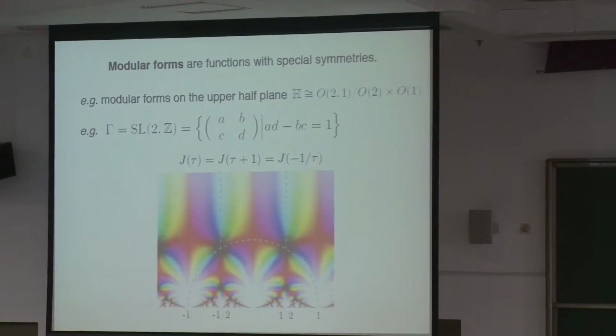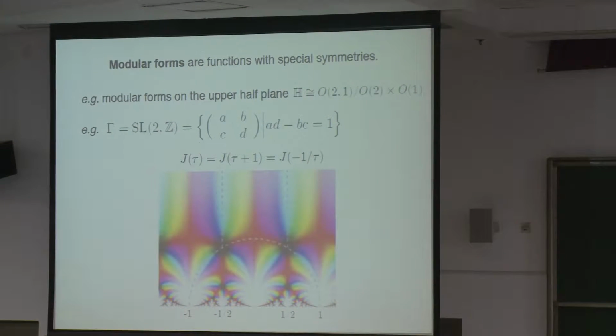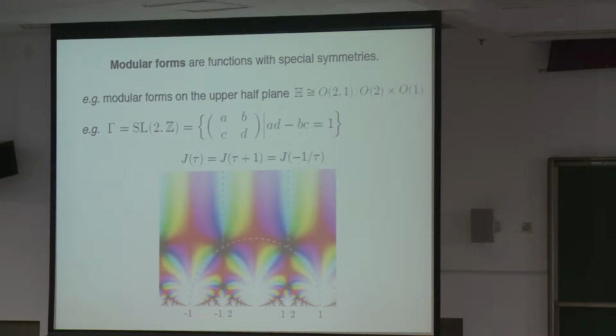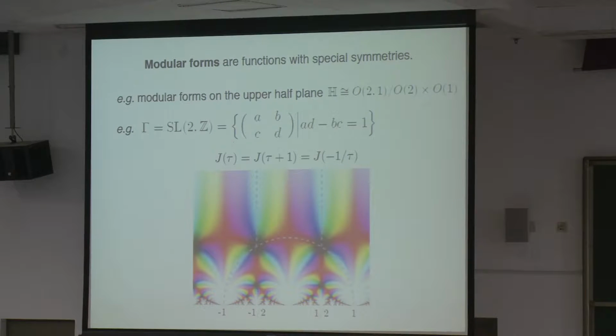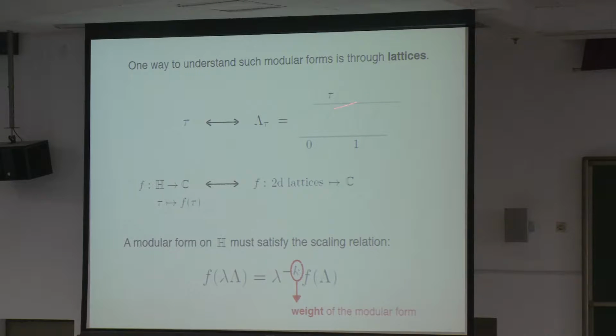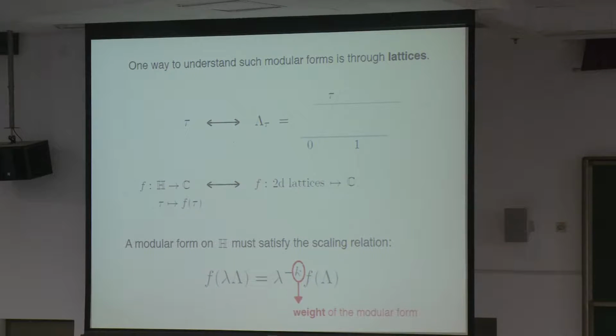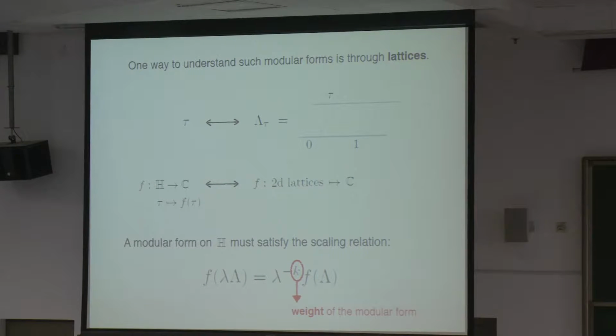However, more generally, modular forms have a slightly more complicated transformation. It transforms with a weight. And the way to understand it is probably to understand modular forms via the definition of lattices. How it works is the following.